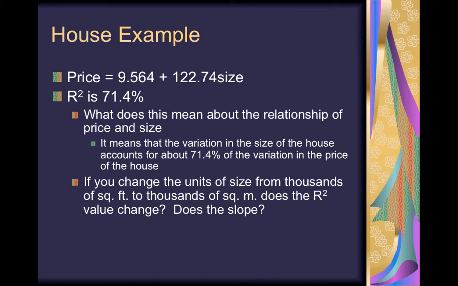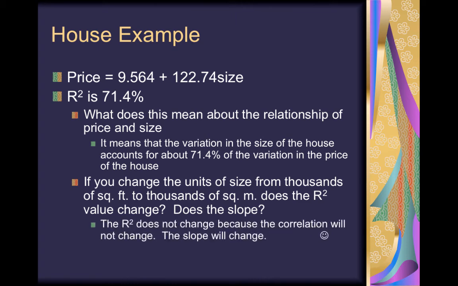However, our slope does have units, our y over our x, so in this case, dollars per size. So changing the units will absolutely change the slope. So again, R-squared does not change because correlation will not change, but the slope will change.